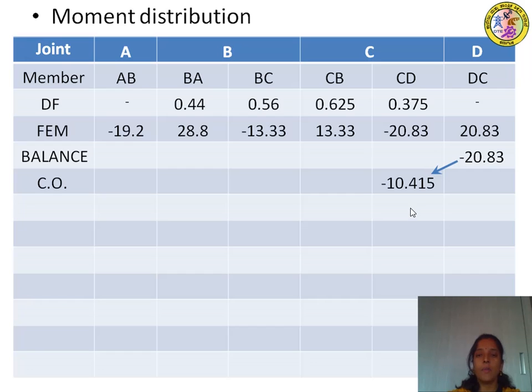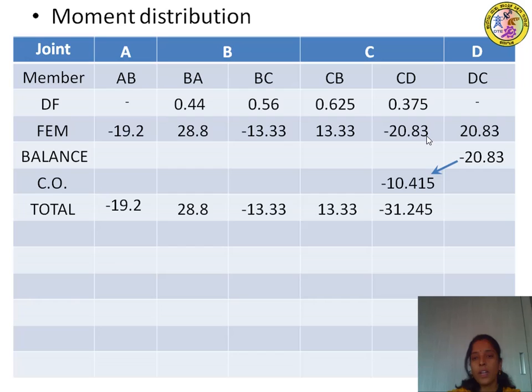Next step is we will total the values at this stage. We will keep these values as they are because there are no values here. So AB 19.2, BA 28.8, BC minus 13.33, CB plus 13.33 and CD it is minus 20.83 minus 10.415, which will be equal to minus 31.245, and at D it is 0.